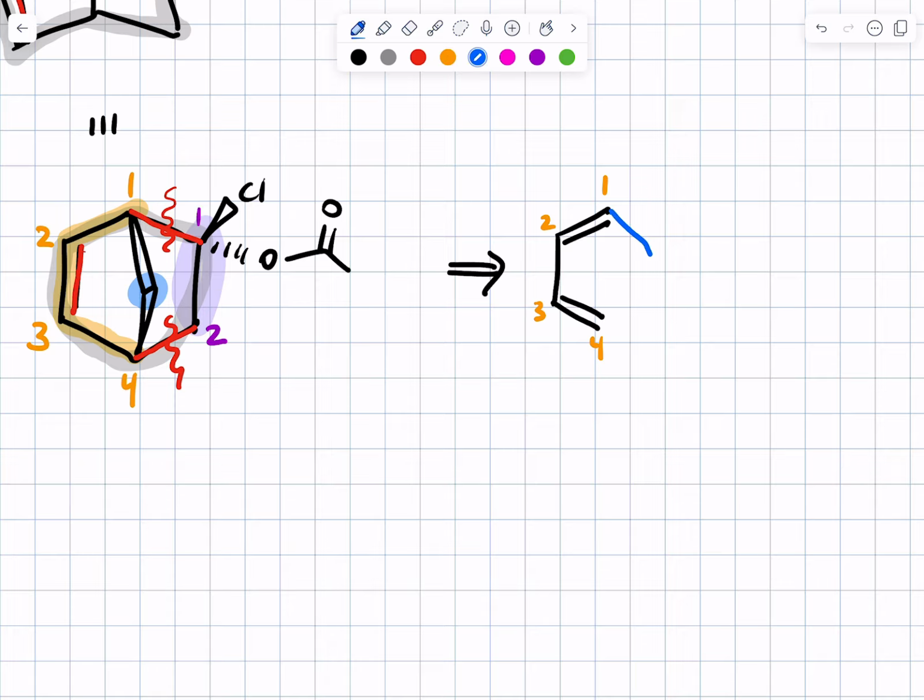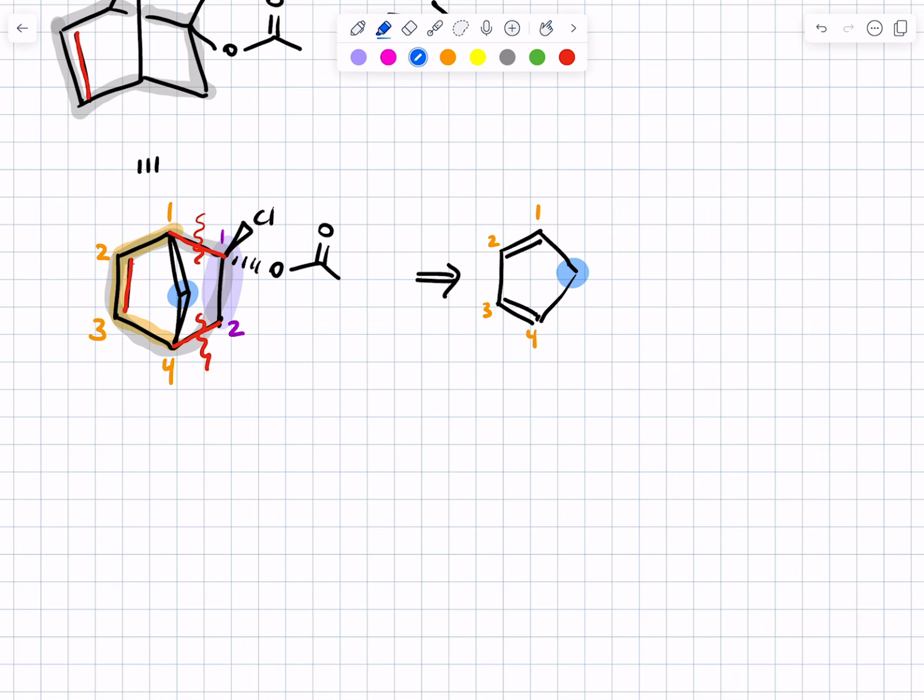Of course, the blue group still has to be there because it wasn't involved in the reaction. It's just hanging out there. So that's my diene. Now, how about my dienophile? I simply draw carbons 1 and 2 of where the dienophile must be. I put a pi bond between 1 and 2, and that's it. Everything else stays exactly the same.